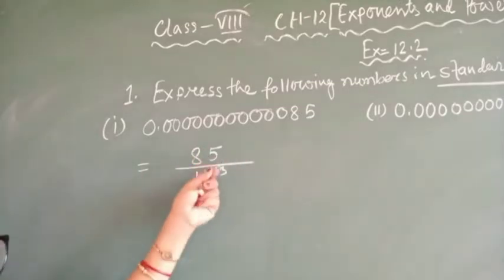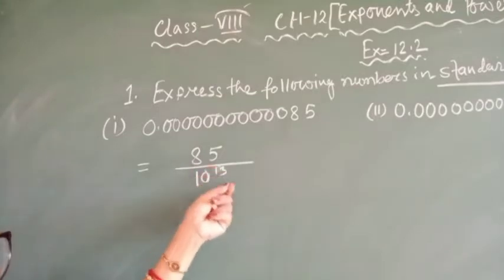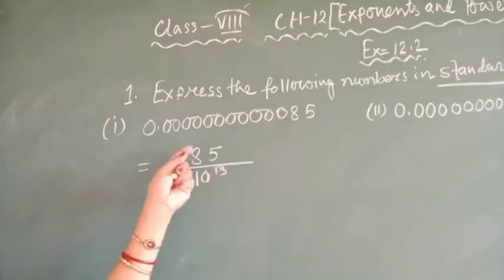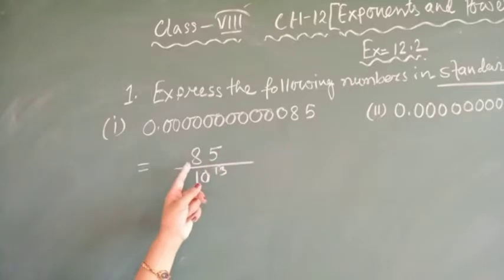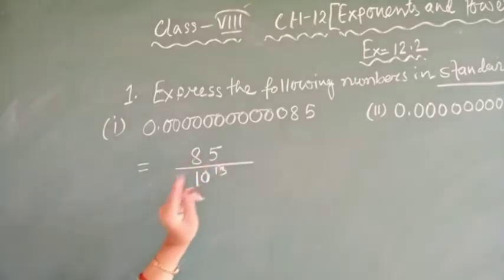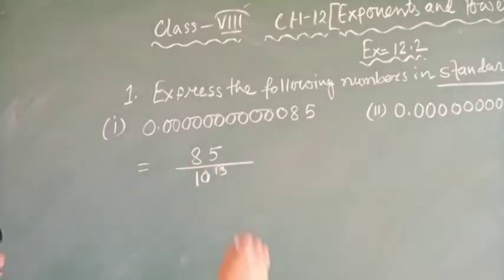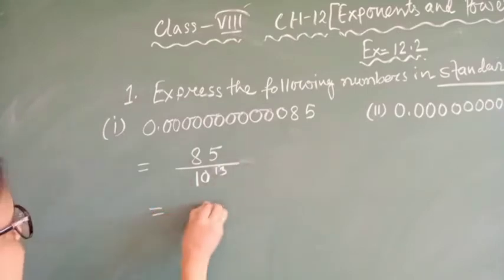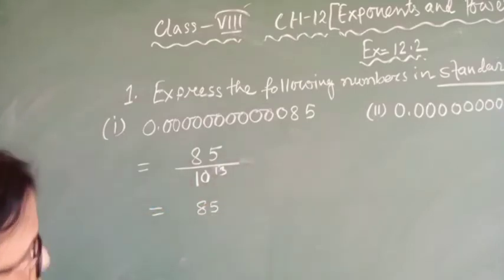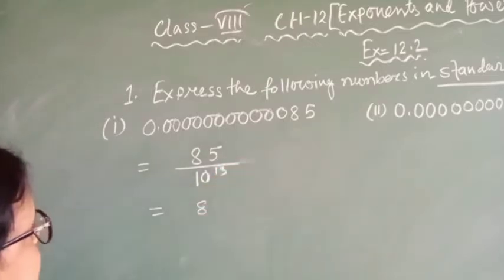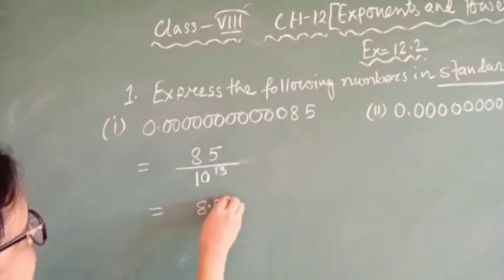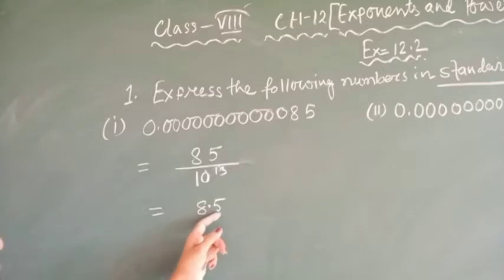When we want to express this number in standard form, it will be 8 point something, not 85 into 10 to the power. Do you remember in class 7 you have already done this? So what can I write? 85 becomes 8.5, and I am making this number smaller, that means I am dividing it by 10.